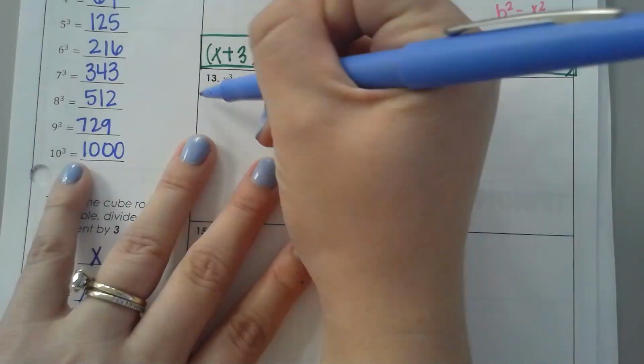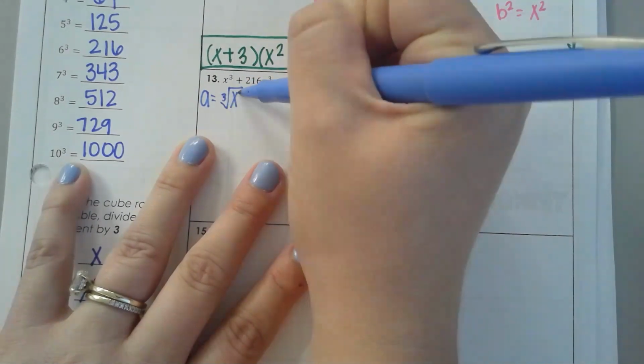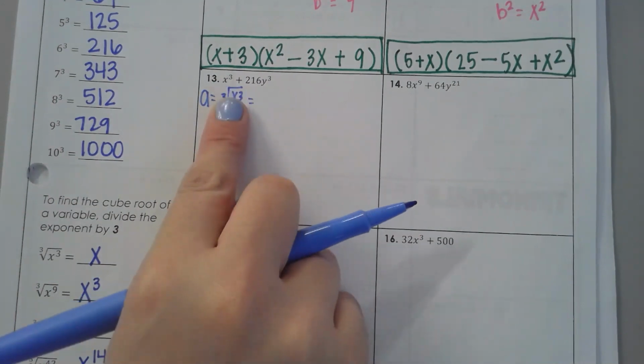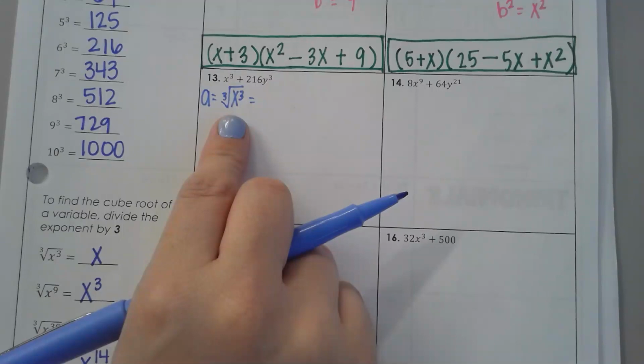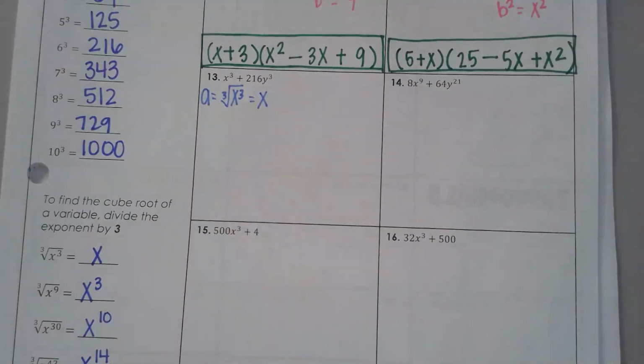So for my A is the cube root of x cubed. Now you don't have to put this here in the middle. You don't have to write the cube root of x cubed. If you just want to write a equals x, that's okay.